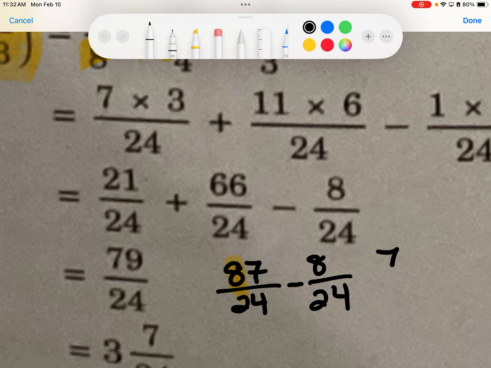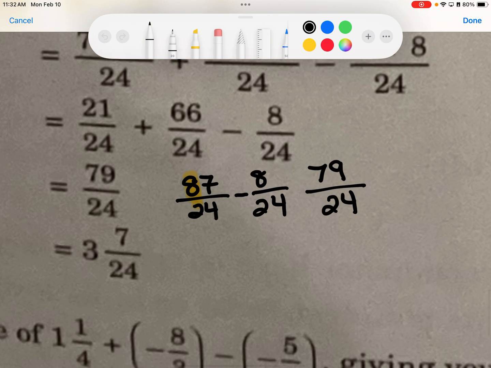So we end up with 79 over 24, right? So then 24 goes into 79 3 times. 3 times 24 is 72.